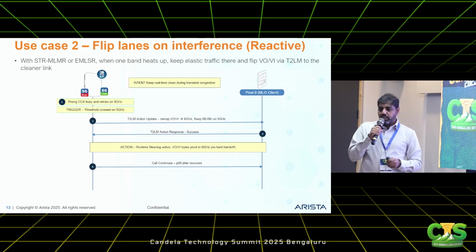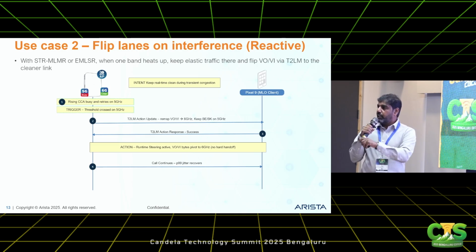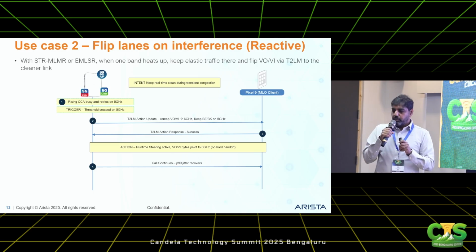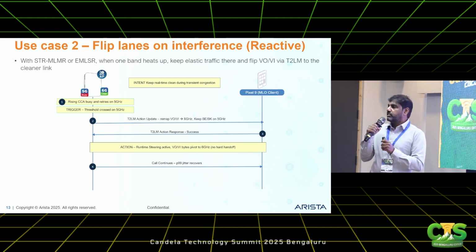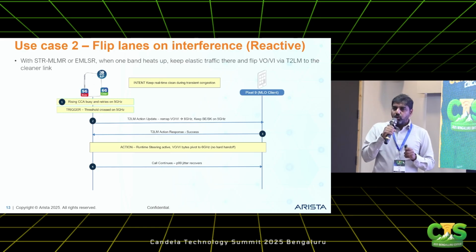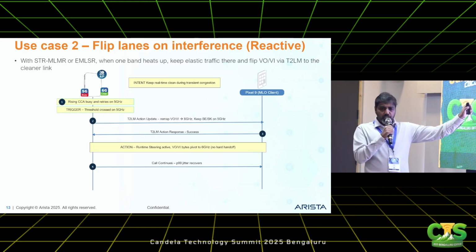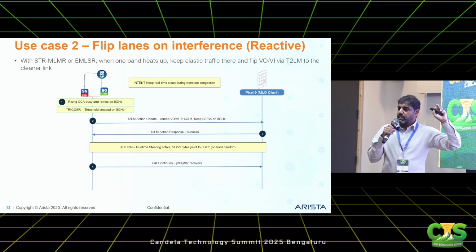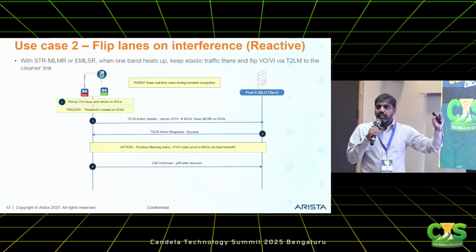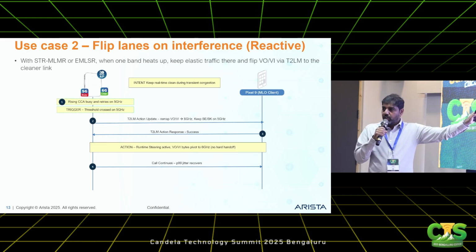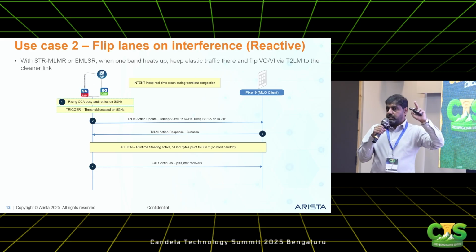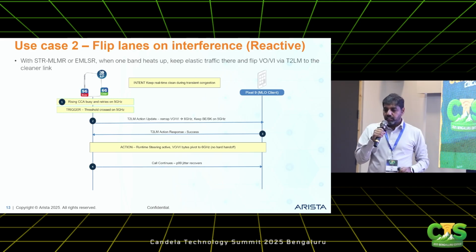So the second use case is more of a reactive case where you can flip the lanes based on the interference. The main intent of this use case is to keep the real-time traffic clean even in a transient condition. Same scenario, let's say the call is going on, and suddenly there is a rising CCA or retries happening on 5 gigahertz. The trigger for that is the high retries.